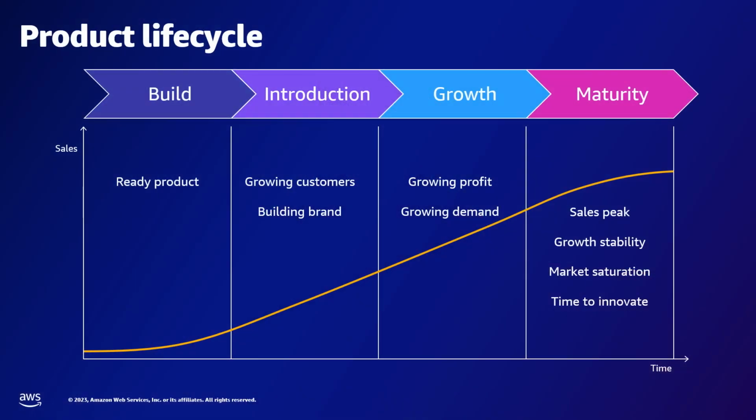Now, let's imagine we're going to launch our own version of this pet store website as our hot new startup. There's a good chance that we'll have to walk the pet store through the whole product lifecycle. The project will start by designing, coding, and launching a minimum viable product, or MVP.